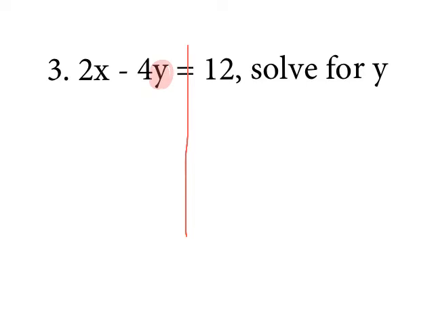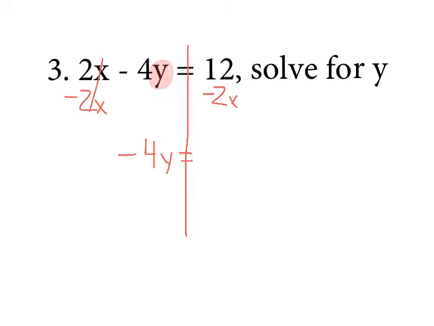It would be the opposite of PEMDAS, right? If you're doing opposite operations, you got to start at the bottom of PEMDAS and work your way up. So I want to get rid of the addition and subtraction first, okay? So since I have a positive 2x, I want to get rid of it by subtracting 2x from both sides. Okay, so that's gone. I'm still left with negative 4y.